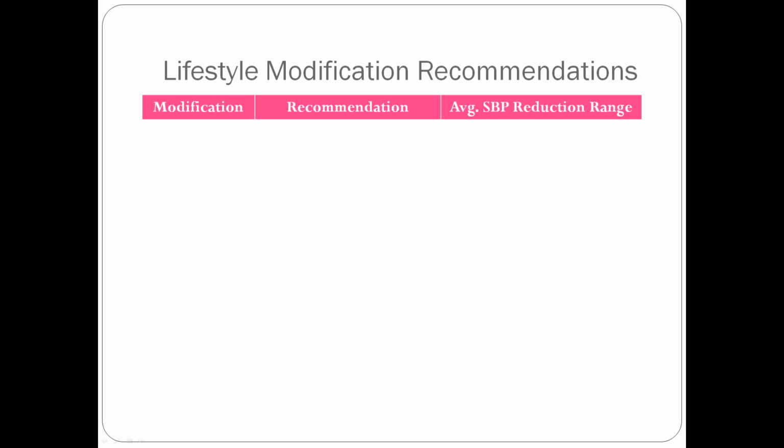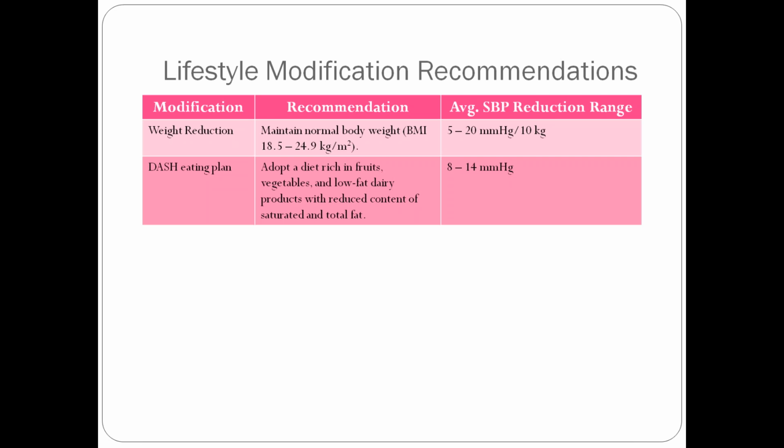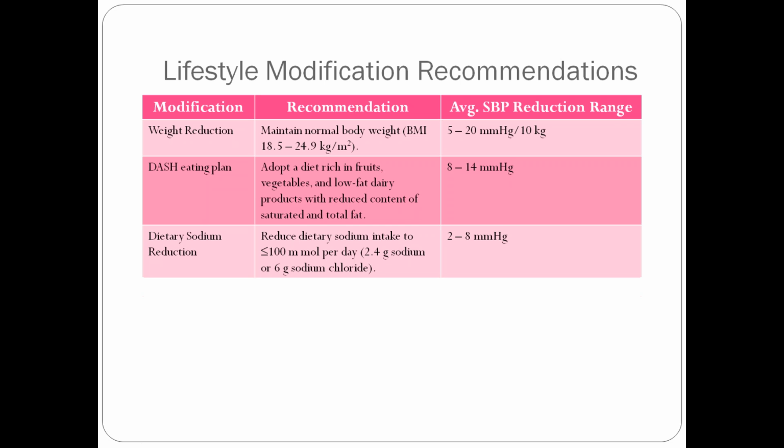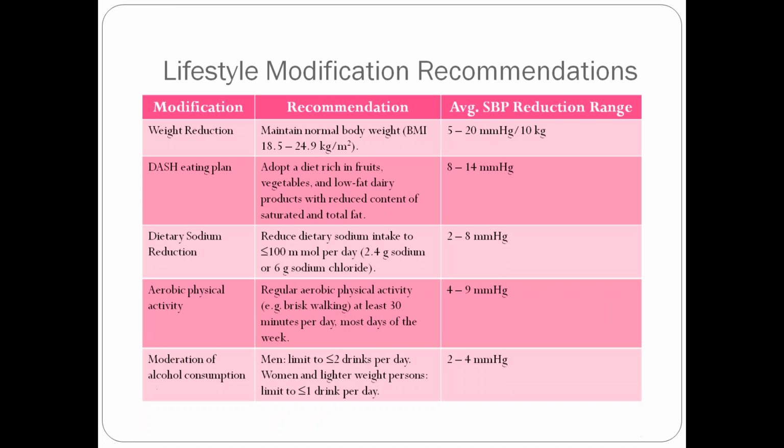The JNC7, or the Joint National Committee on Prevention, Detection, Evaluation, and Treatment of High Blood Pressure, recommends the following lifestyle modifications to reduce and control hypertension: weight reduction, the DASH eating plan, dietary sodium restriction or reduction, aerobic physical activity, and moderation of alcohol consumption. Let's talk about each of these lifestyle modification recommendations individually.